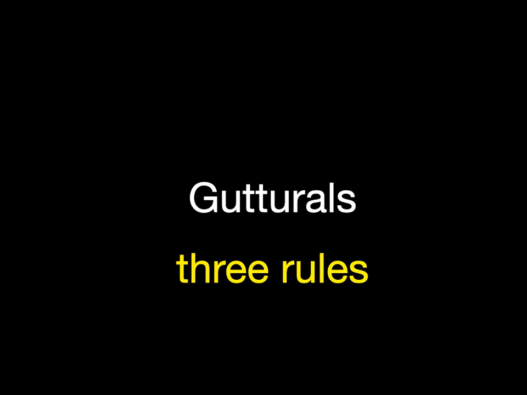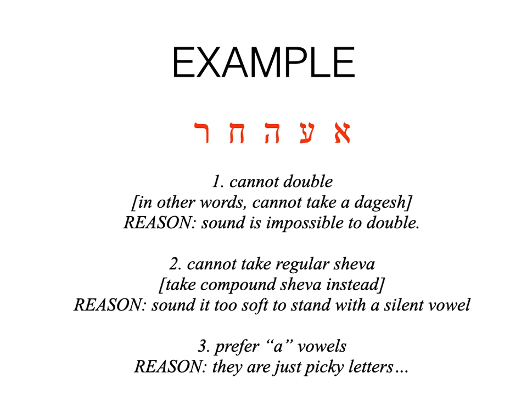What you need to know about gutturals, first of all, you need to know what they are and what are the three rules. In Hebrew, these are the gutturals: Aleph, Ain, the two silent letters, and then Het, Chet, H, Ch, and finally also Resh, R. The unique thing about gutturals is that their sound is very soft or close to non-existent, close to silent, like with Ain and Aleph.